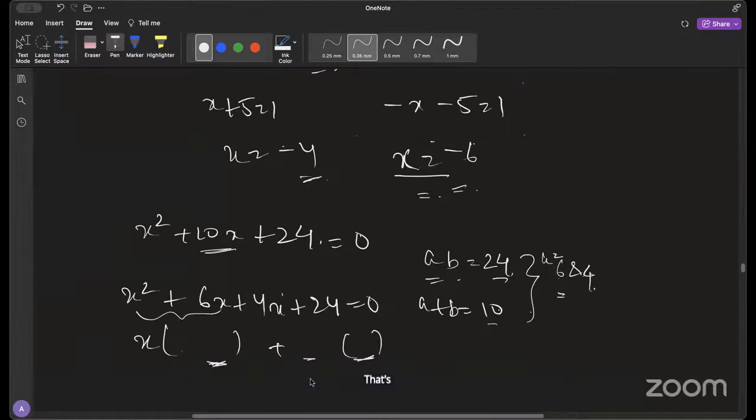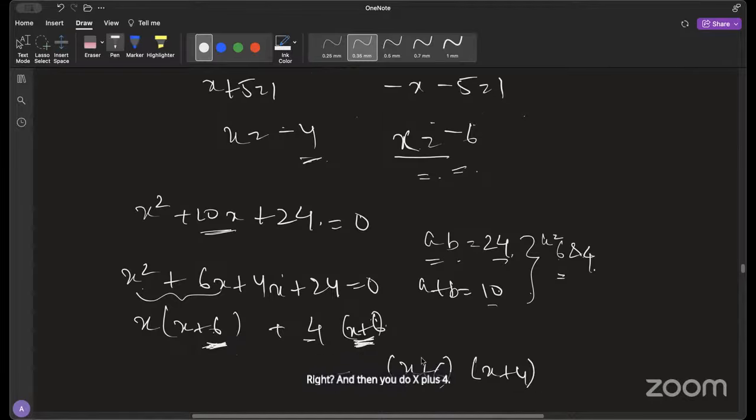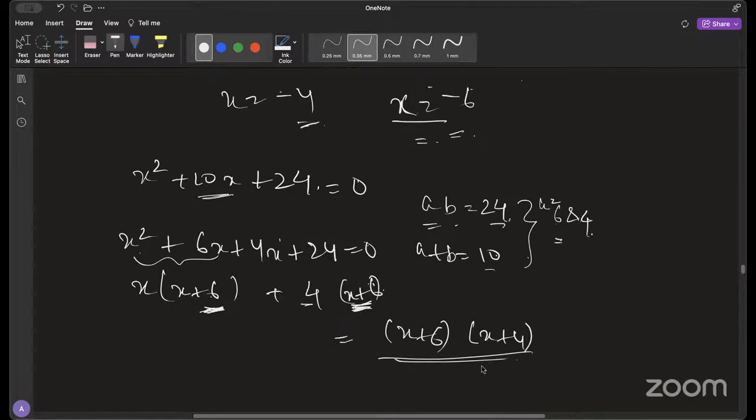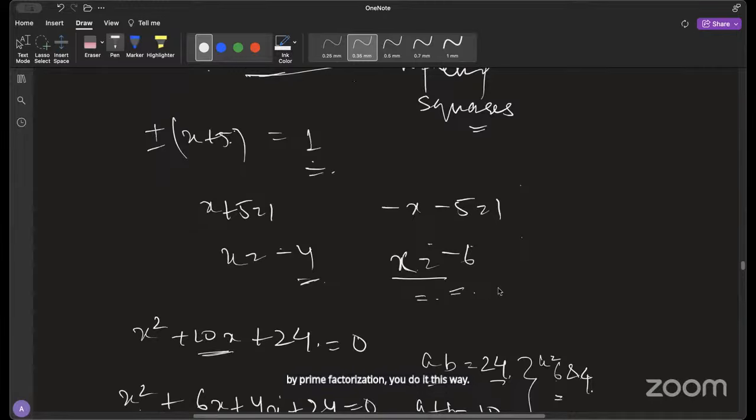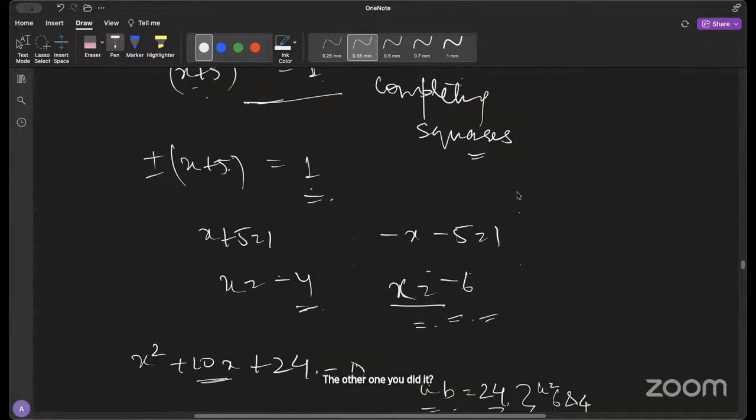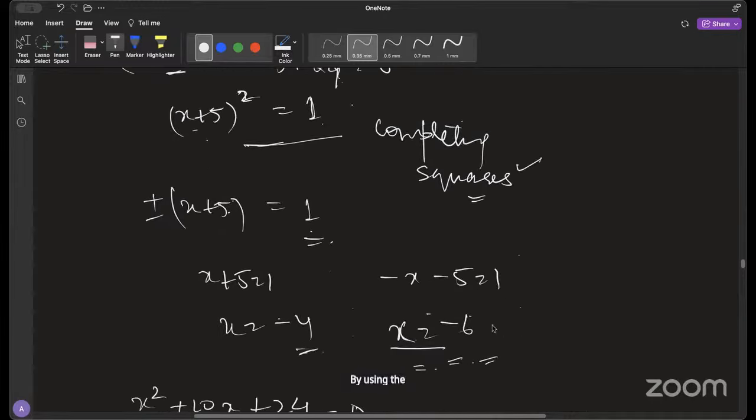That's our aim. So we take x common, so we'll get x plus 6. Plus, when we take 4 common here, we'll get x plus 6. So x plus 6 is common. You need this thing in order to use the distributive property, right? And then you do x plus 4. By prime factorization, you do it this way. The other one you did using the completing the squares method.